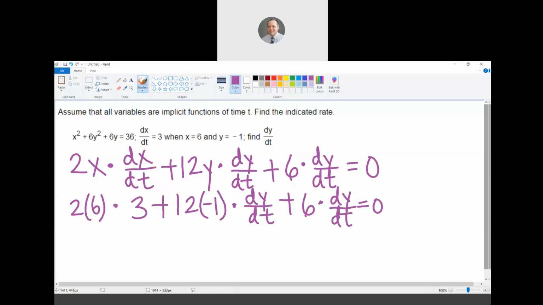So this entire first part will give us 12 times 3, which is 36, minus 12 equal to 24.